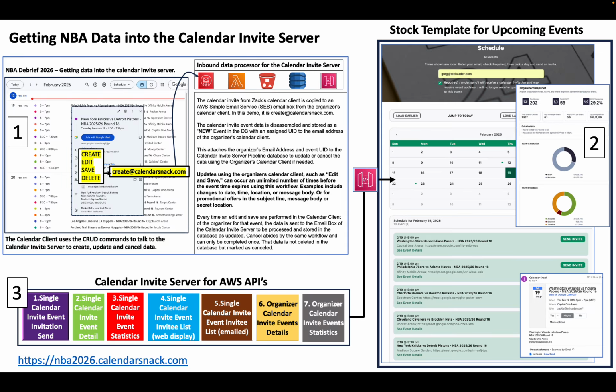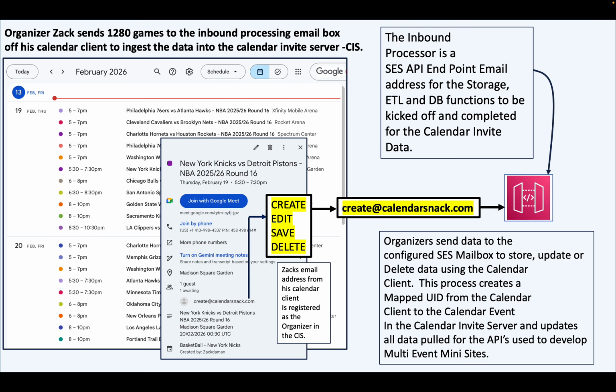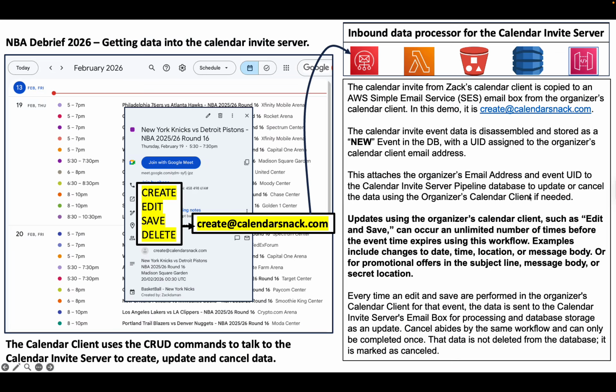So you'll see that the stock template is right there. And as I work through this again, I'm working through the fact of how the data got in. It got mapped off a business or personal calendar. It was sent to this box. We basically ETL it, transform and load it, and it is ready for the APIs themselves.